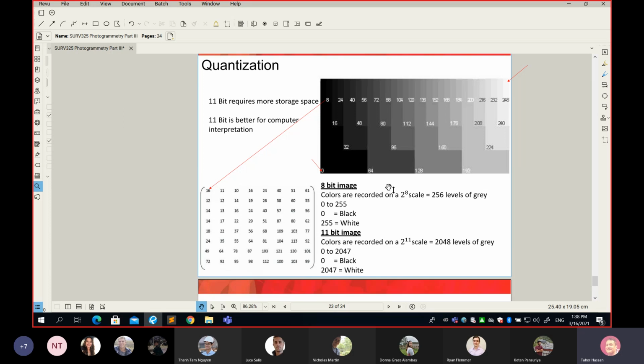So in computers, we have something called an 8-bit scale, and you can see it here. If you study computers somewhere in your classes, you know what an 8-bit image, an 8-bit scale, means. So 2 to the power 8, if you do 2 to the power 8 on your calculator, you will get 256. So 2 to the power 8, because it's 8-bit, is simply 256 degrees of gray.